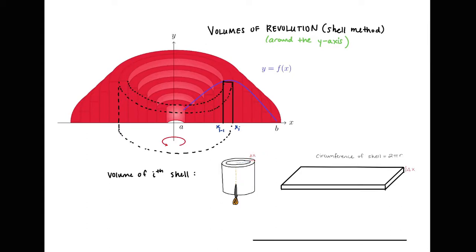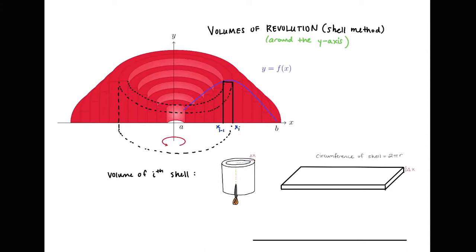Now to compute the volume of these shells, I had a little graphic here to demonstrate how we do this geometrically. So imagine these shells as like a toilet paper tube. And someone said, well, I want you to find the volume of the toilet paper tube, but just the cardboard, not the air inside, obviously. So how could we do that quite easily?